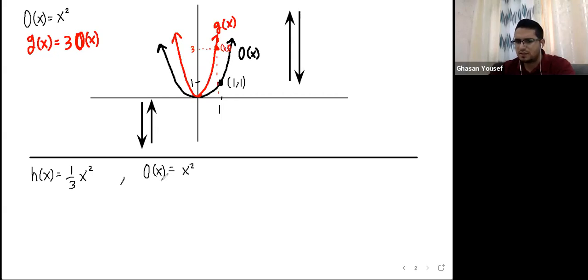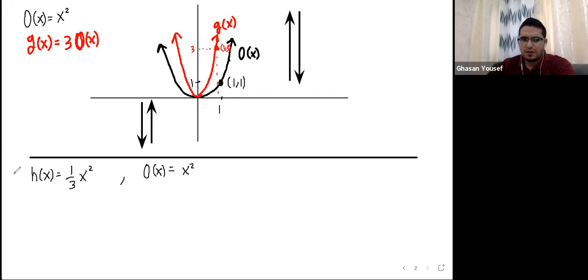The x-axis is going to have the same numbers, like 1, 2, 3, 4, but for the y-axis we're going to change the values. Here, for example, 1 and 1 will be 1 and 3. If I have the point 2 and 4, it will be 2 and 12 in the red one. The black curve will pass the point 2 and 4, but the red one will pass 2 and 12 because 4 times 3 is 12.